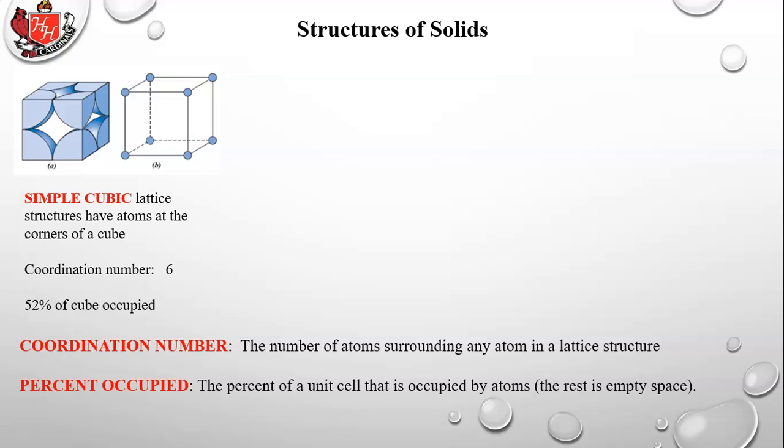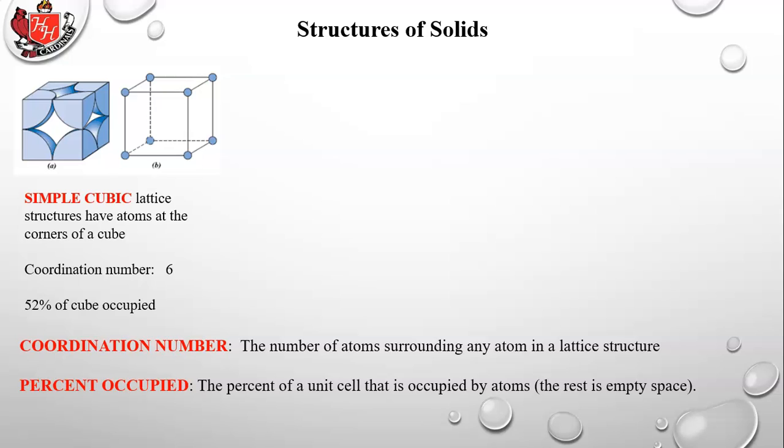Now if you imagine you extended that unit cell out, there would be another atom on top, another atom to the right, and another atom to the left. That would be a total of 6. If that's not totally clear to you, use your imagination, see if you can see what I'm saying. There would be a total of 6 atoms touching that atom, the one that's closest to you on the top.